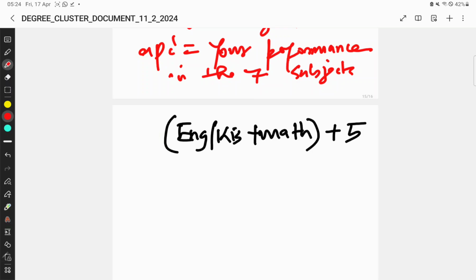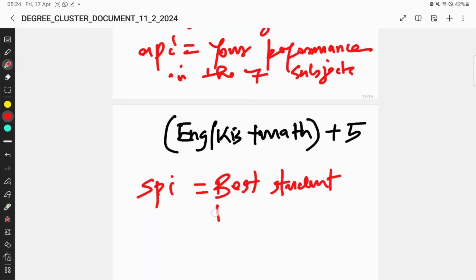And then we have SPI, which is the performance of the best student that year in the 7 subjects that year.